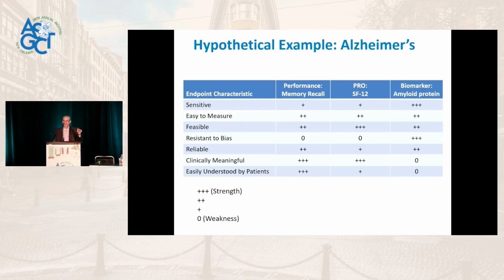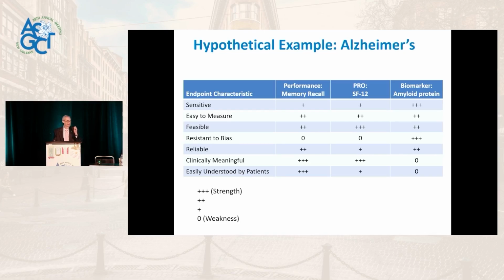And I've given each of these things a grade on the characteristics of an ideal endpoint. 3+, the strength of that outcome. 0, a weakness, and plus and 2 pluses in between. And as you can see, performance outcomes get 3 pluses for clinically meaningful and 3 pluses for patients' understanding. If patients understand, how many words can you recall?